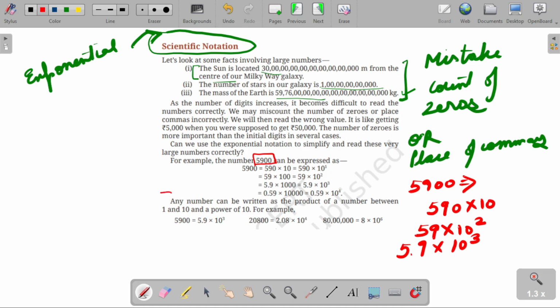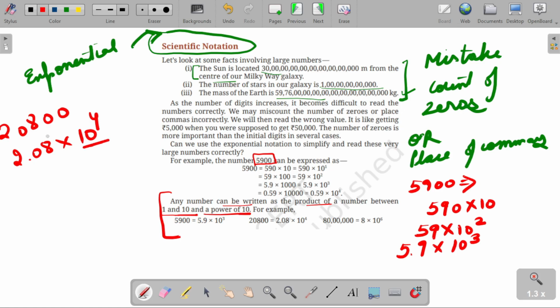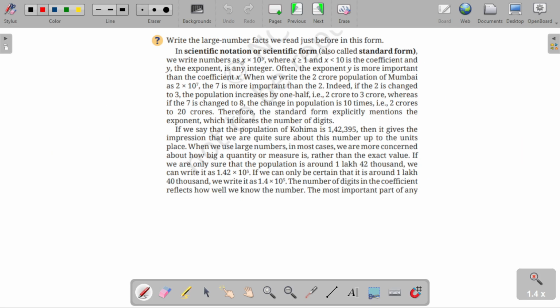Hope this is clear to you. So any number can be written as the product of a number between 1 and 10 and a power of 10, like 20800. It can be written as 2.08 into 10 raised to power 4. Now, how do I get 10 raised to power 4? There is a process. Just read it carefully, okay?